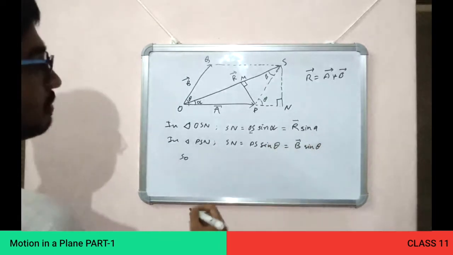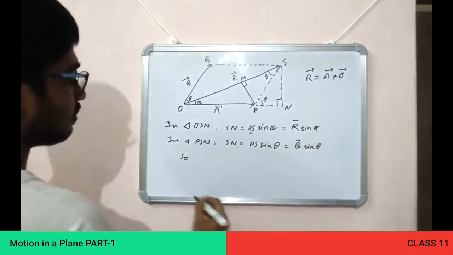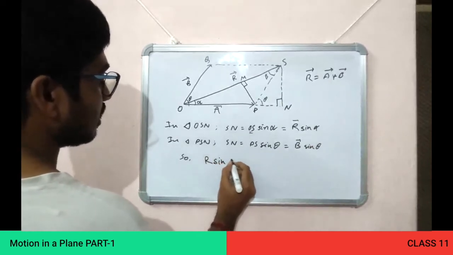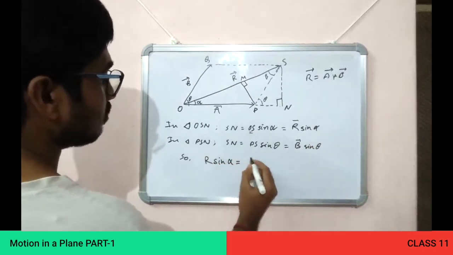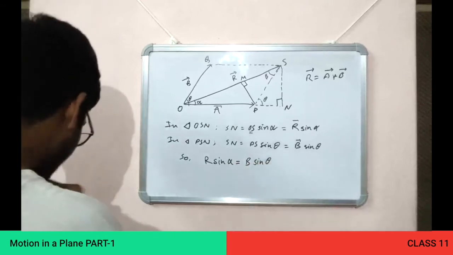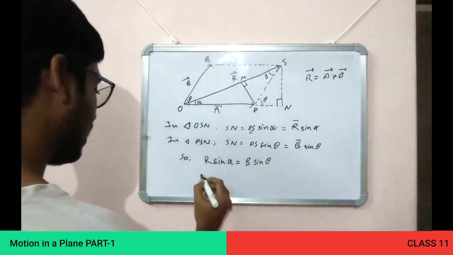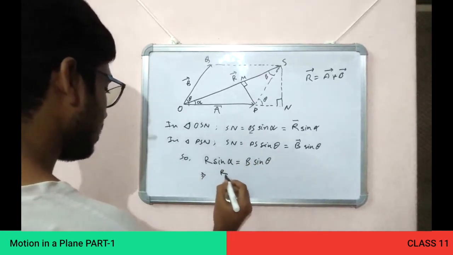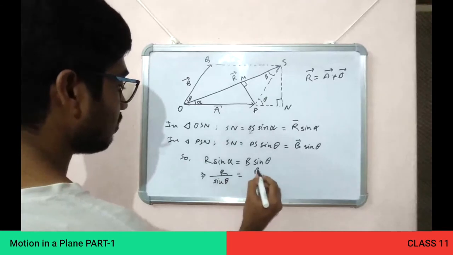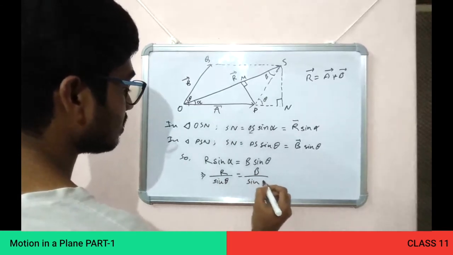So from this comparison, we can say that R sin alpha is equal to B sin theta, and this could be written as R by sin theta is equal to B by sin alpha.